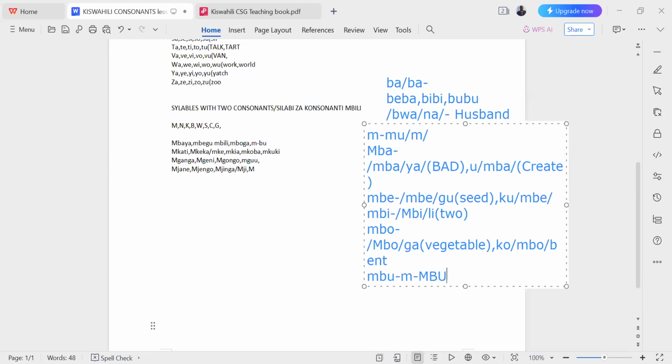It's like a double M. You won't say bu, you say mbu. So you will be adding an M that is not in the initial writing format, but it's there in the pronunciation.